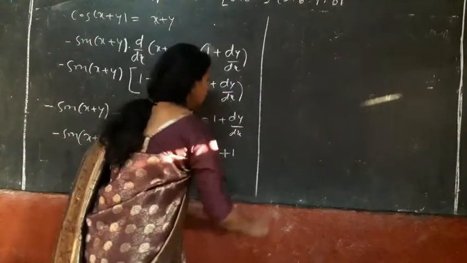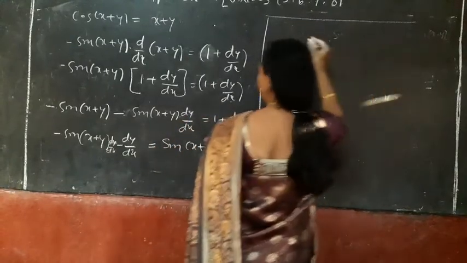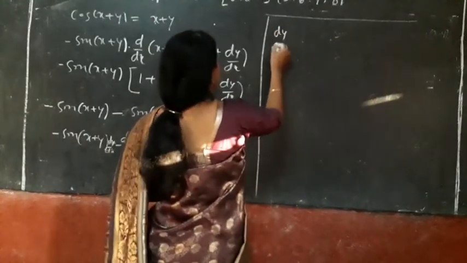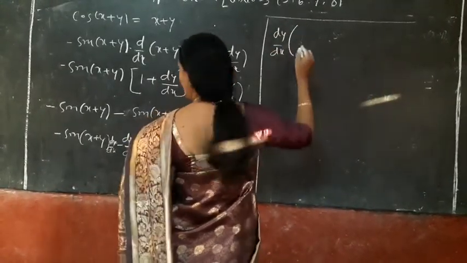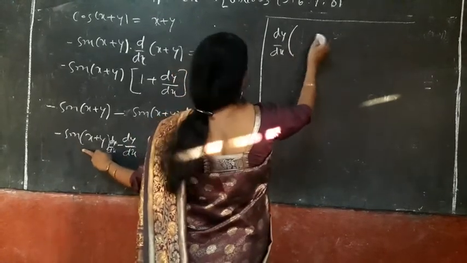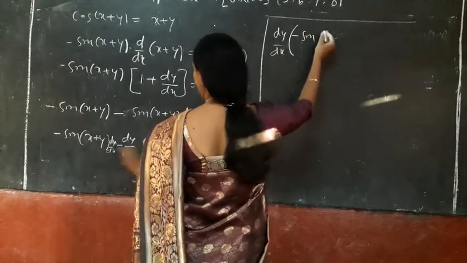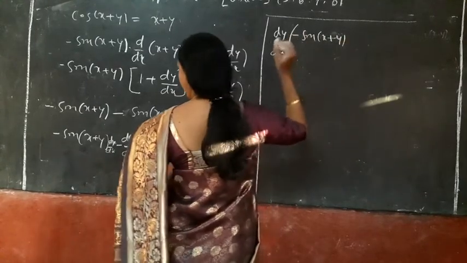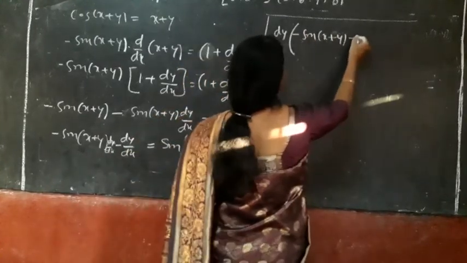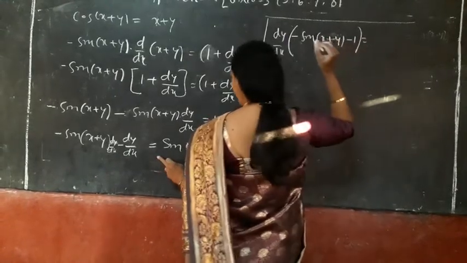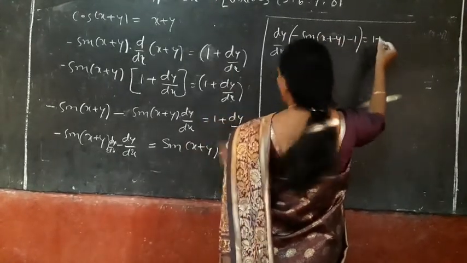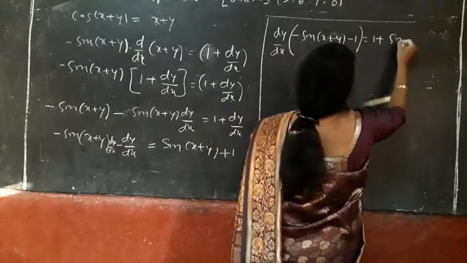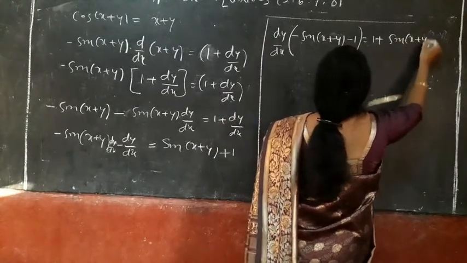Now taking dy upon dx as a common, dy upon dx into the bracket minus sin of x plus y minus 1. This is equal to 1 plus sin of x plus y.